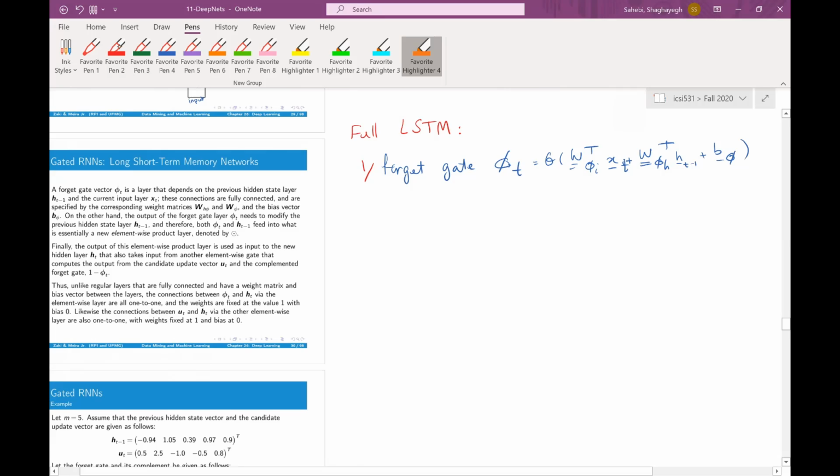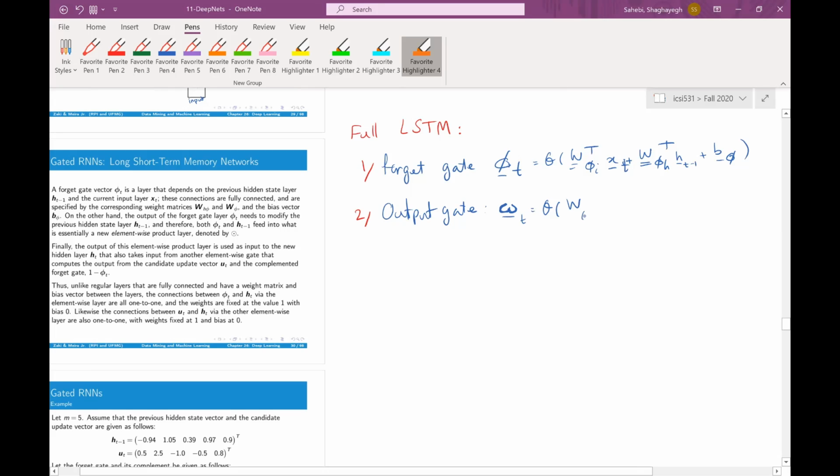The second one is the output gate. So again, this one is called omega. Omega t is sigmoid of, now it has its own parameters.